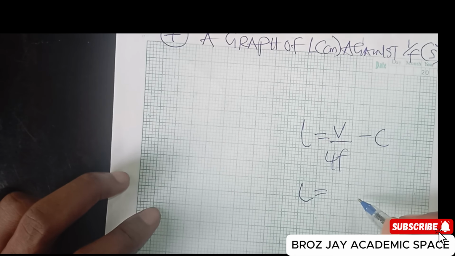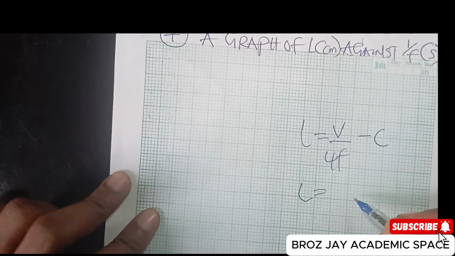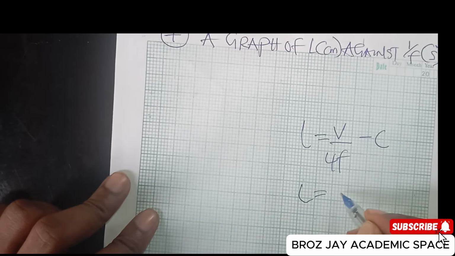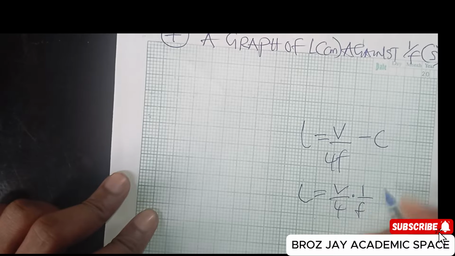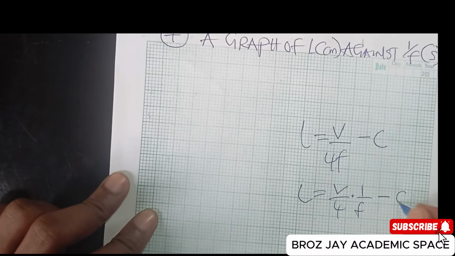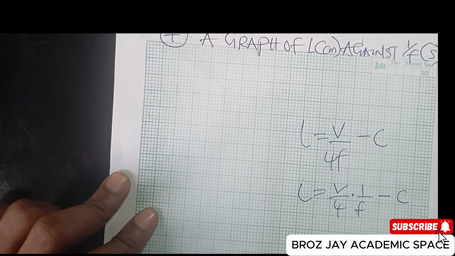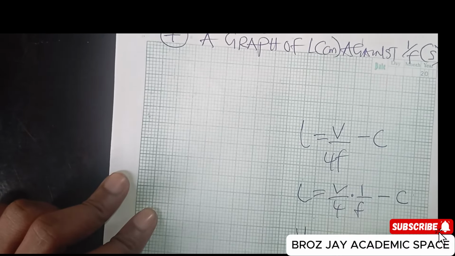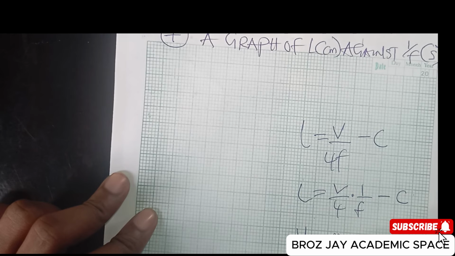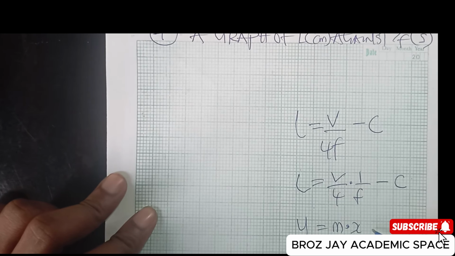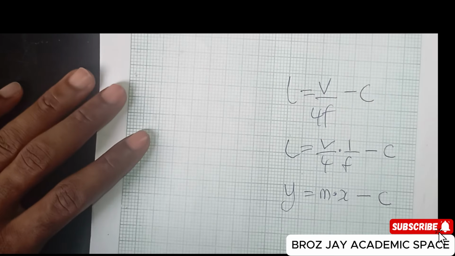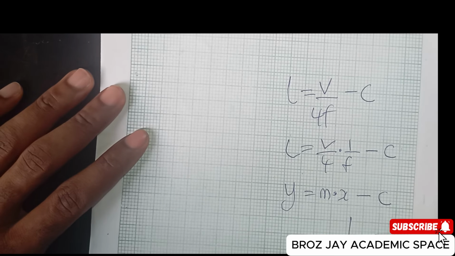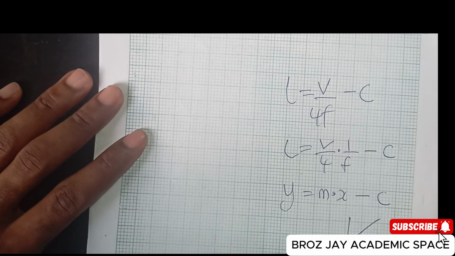L against what? 1 all over F. So I'm bringing out my 1 all over F. This will be V all over 4 dot 1 all over F. You see, this is the same thing as this, minus C. Can we say this is looking like y is equal to mx minus c? Yes, it's looking like that. So we can get how this graph will look like. So this graph will look like this, passing through the negative intercept.